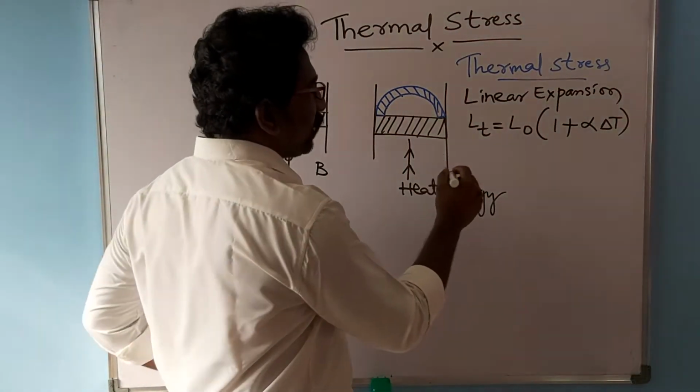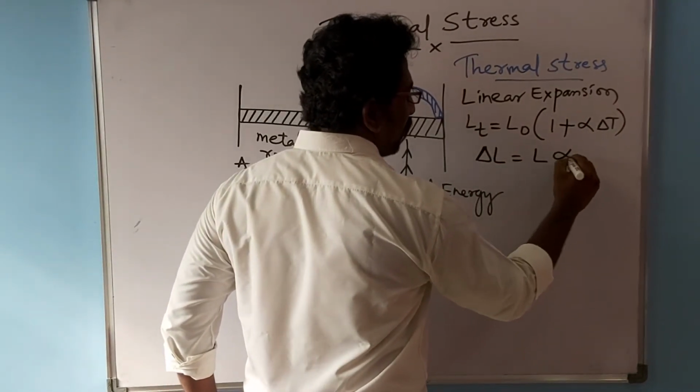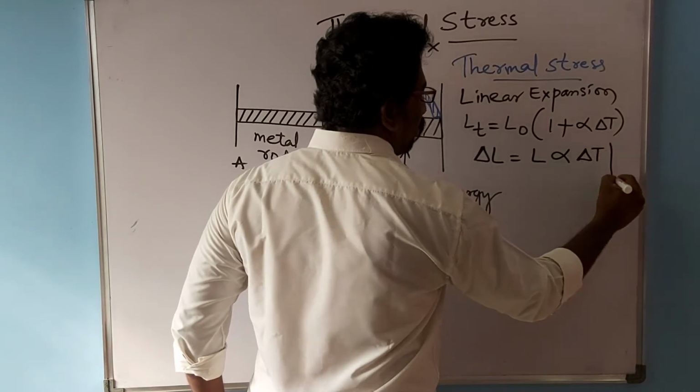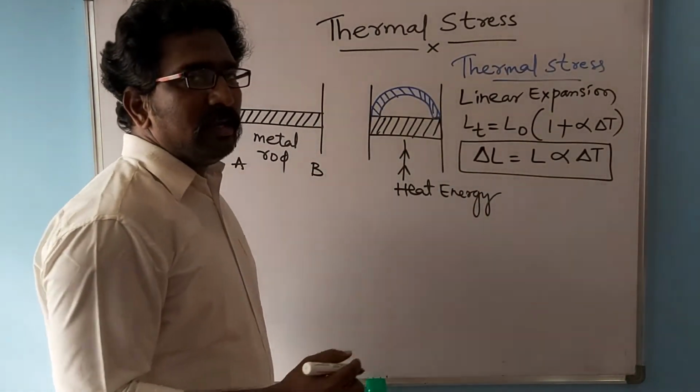This equation can also be written as delta L is equal to L times alpha delta T.